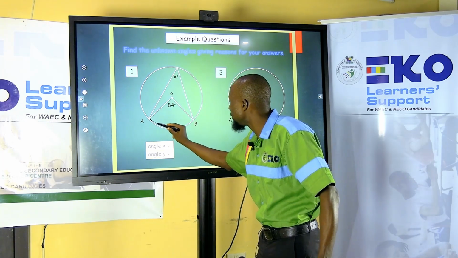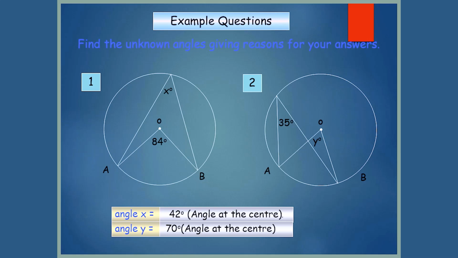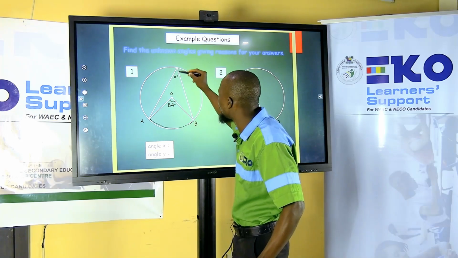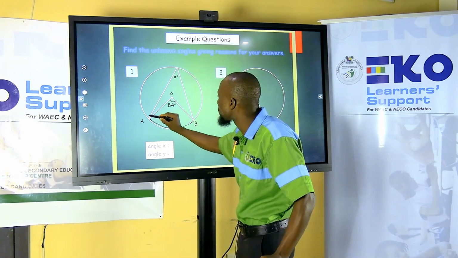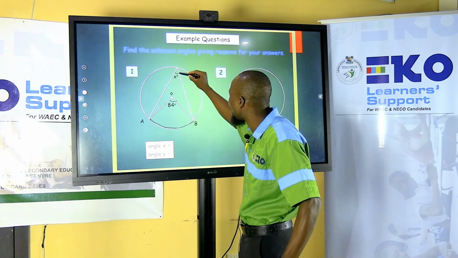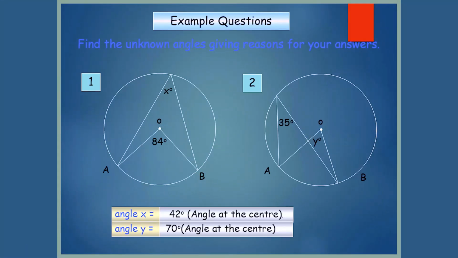This arc AB, minor arc AB, subtends angle 84 at the center. And this same arc subtends another angle at the remaining part of the circumference. At any point, it took this particular point and subtended angle X.